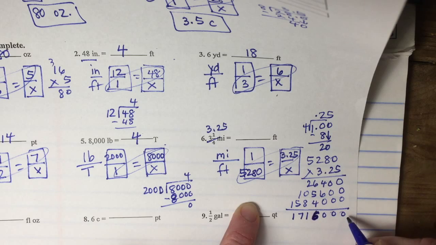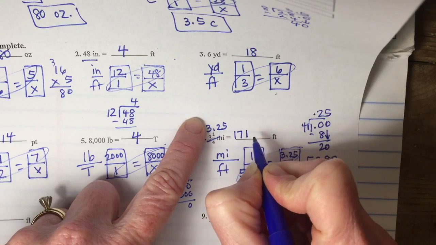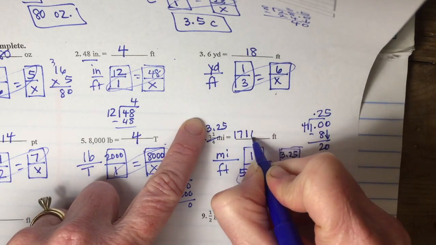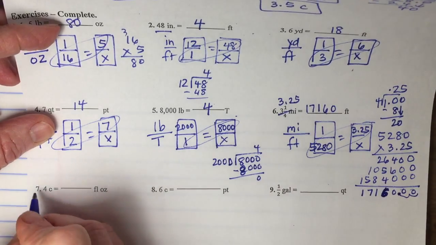So I have 2 decimal places here, so I need to move my decimal over 2 places. So this ends up being 17,160 feet.